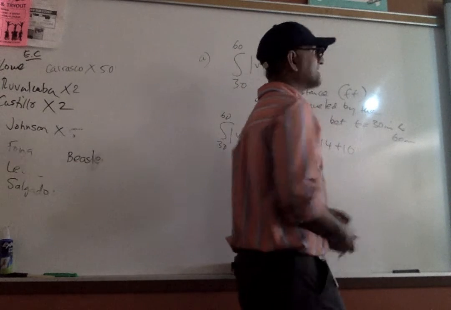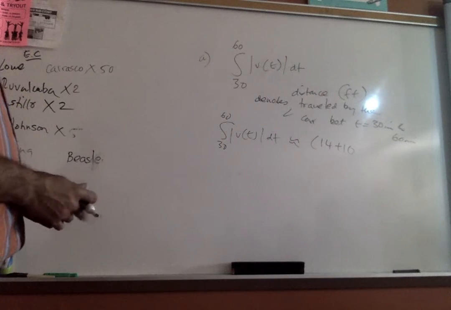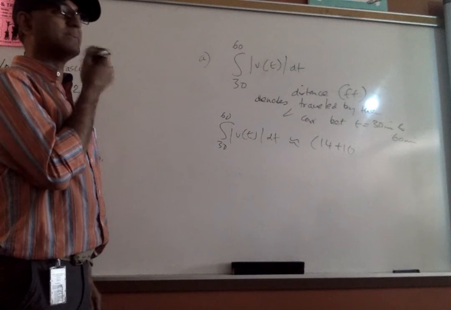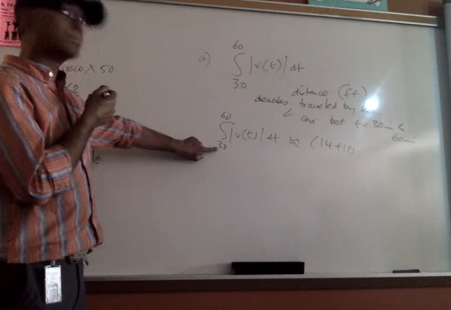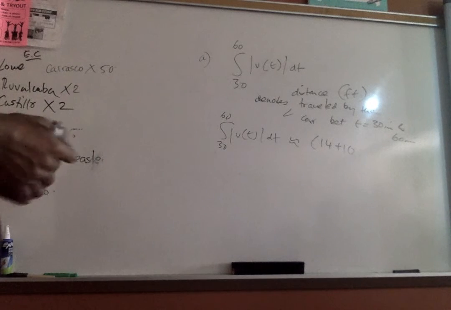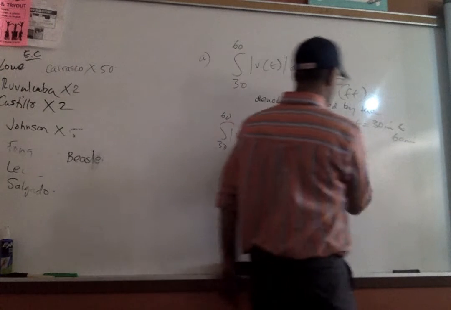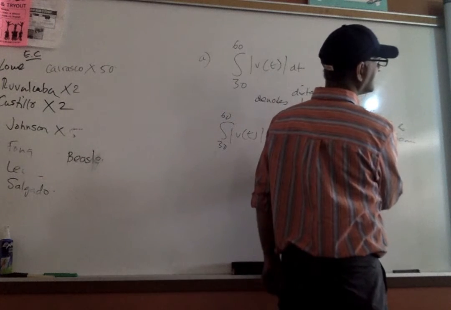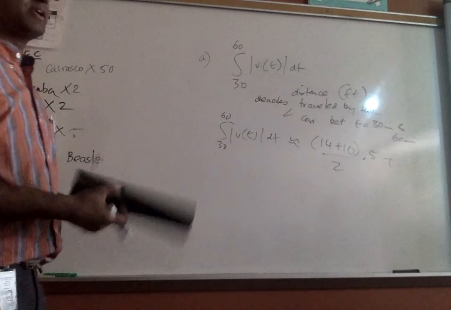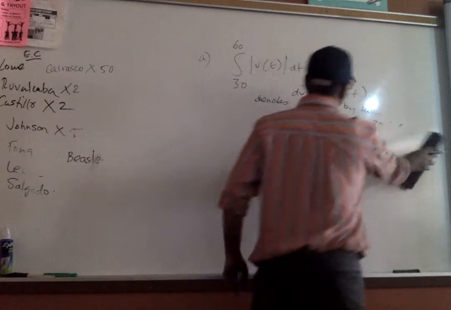Okay, a couple of things. Look at the table. Why did I not say 20 plus 30? It starts from 30. Please be alert. Why did I not say negative 14 plus negative 10? Over 2 times 5 plus dot dot dot. The first one was important. Do you understand how the trapezoidal rule works for absolute value velocity? We're doing B next. Read B, please.